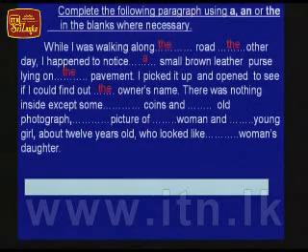There was nothing inside except some blank coins. Now you can see that there is a blank. Now there can be a blank, but then you need not use every word in every blank. You see, inside except some coins. Except some coins. You don't need to use any article there.